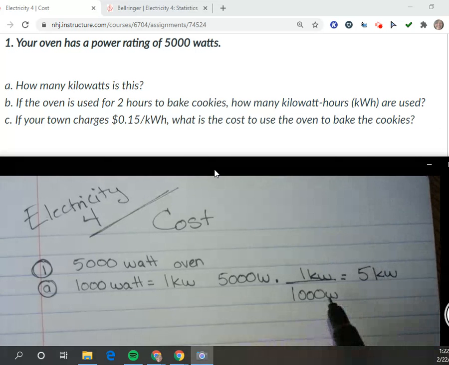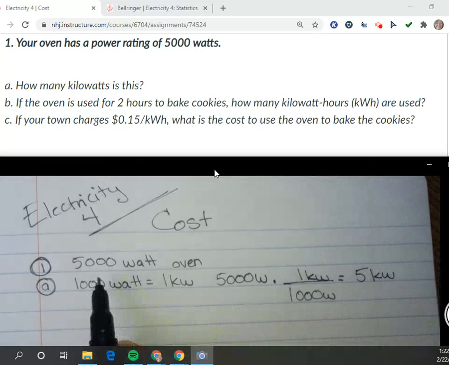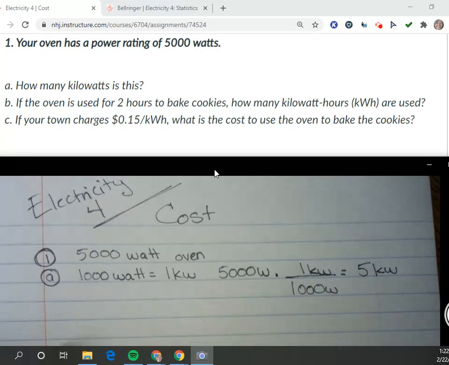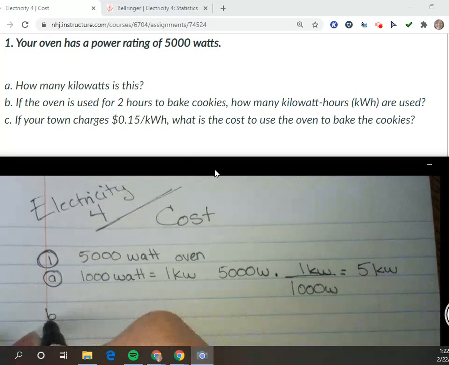Now, you guys are probably clever enough to realize that if 1,000 watts equals 1 kilowatt, then 5,000 watts is 5 kilowatts. And that's all fine and good for nice even numbers like that, but sometimes they're not quite that even. So let's look at B.